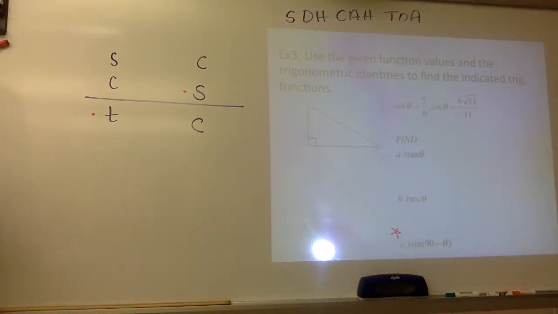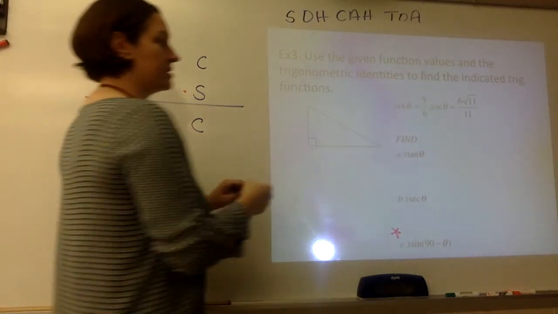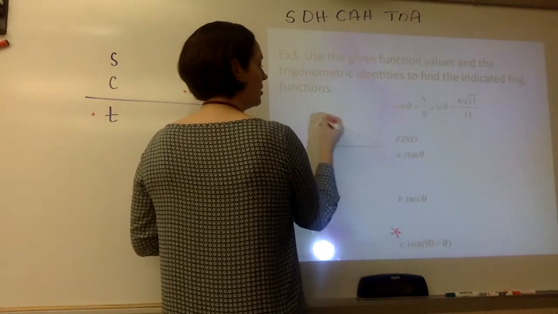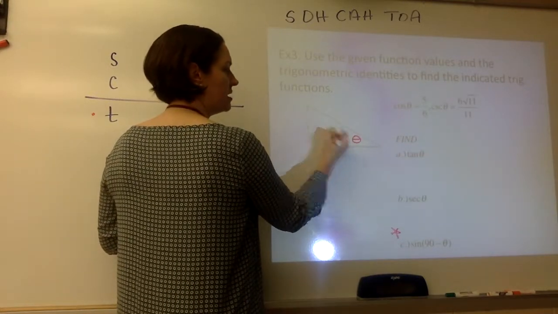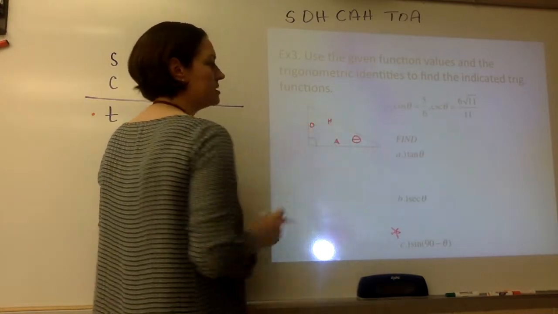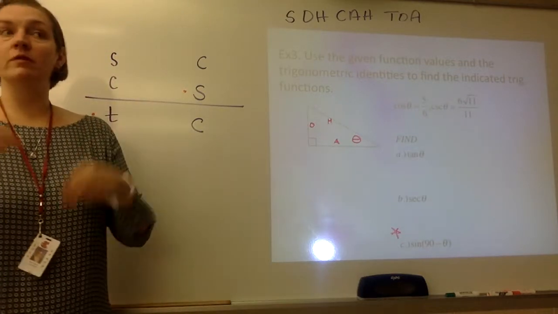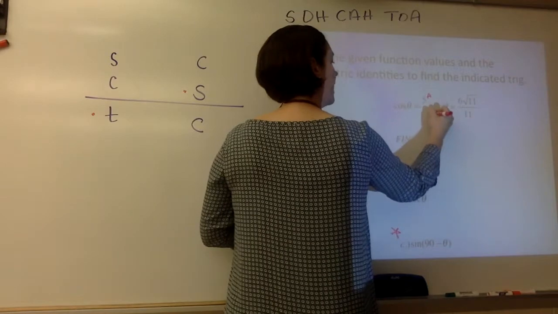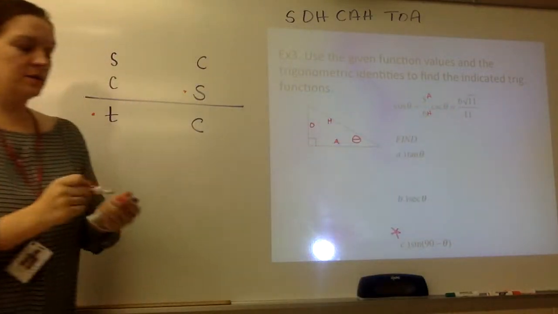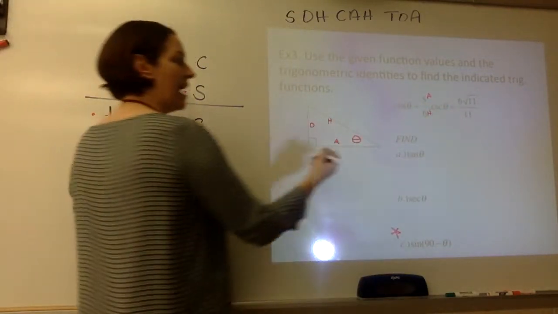Okay? So, first thing, I'm told the cosine is 5 over 6. Representative triangle, let's pick theta in the bottom to be consistent. Adjacent, opposite, hypotenuse. Cosine is 5 over 6. A over H. Okay, so now I know my A value is 5.